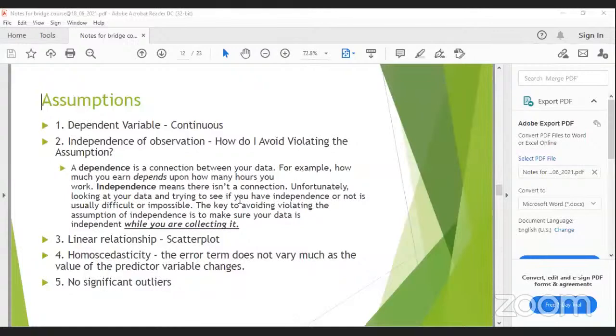The first assumption is very important. The variable y, which is your dependent variable, should be a continuous variable, and it is always normally distributed. So you know what a normal distribution is. The data should be normal with mean mu and variance sigma square.